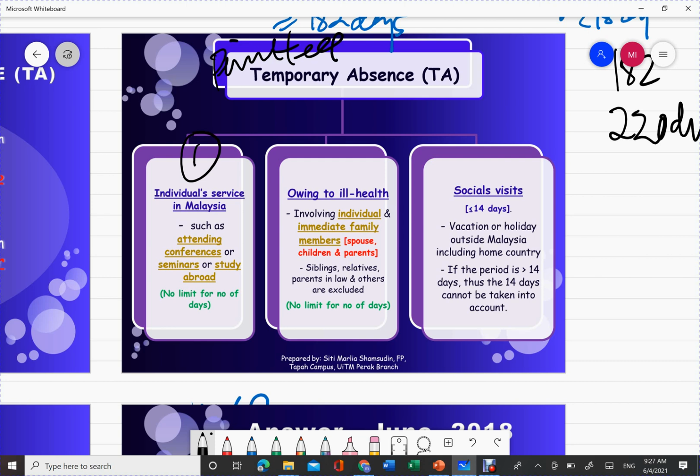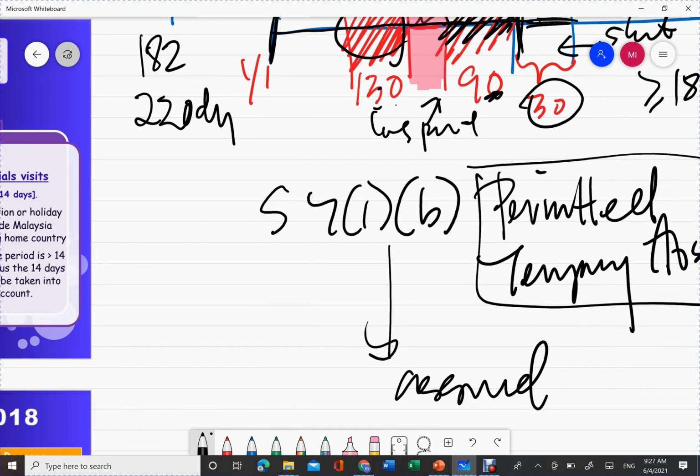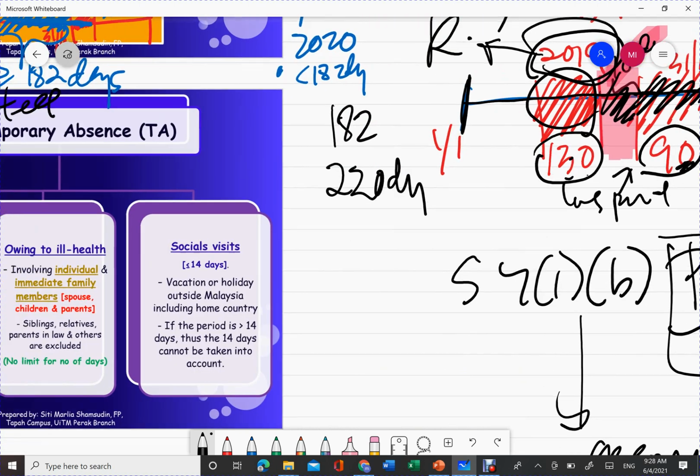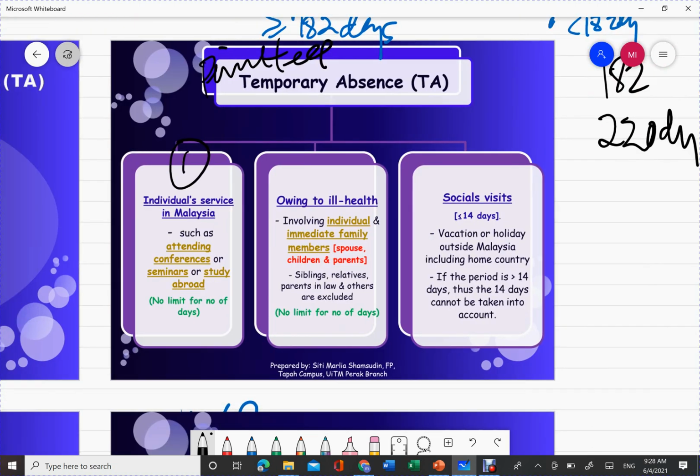The first one is that due to the individual service in Malaysia, due to the work related. Okay, because for example, this person tadi dia tinggal Malaysia kan, ini dia left ni. Yang tadi dia dapat 130 hari, lepas tu 90 hari, kat sini 10 days dia tak ada kat Malaysia because apa? 10 days ni dia tak ada sebab he went abroad, he went to mana-mana, China ke Hong Kong ke, due to the service matter, because of the work related matter.